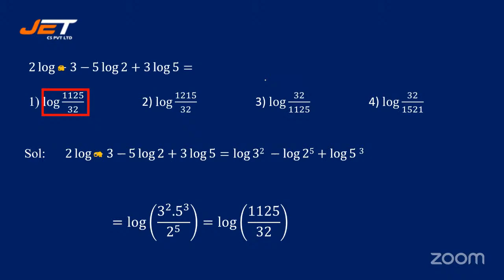When it is log a plus log b, you write it as log a into b, so into 5 cube. When you expand it, you get log of 1125 by 32.